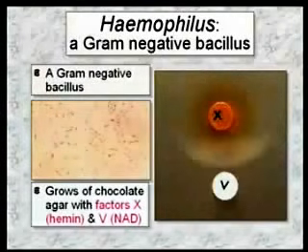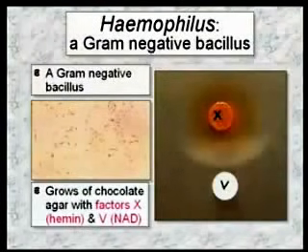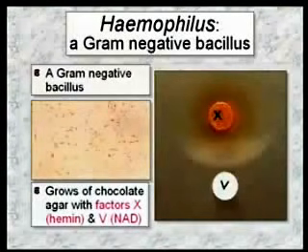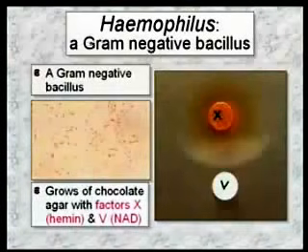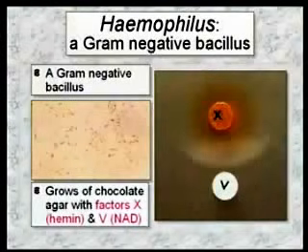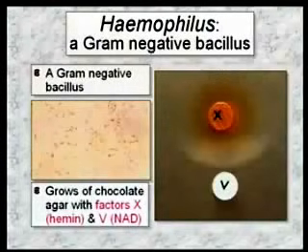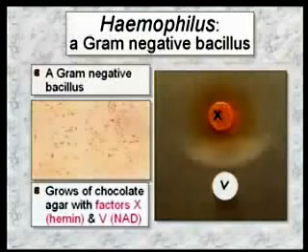So now you have got three CHs: chocolate, charcoal, and blood agar is different from that. So what you have got to remember is that it requires factor X and factor V, hemin and NAD.